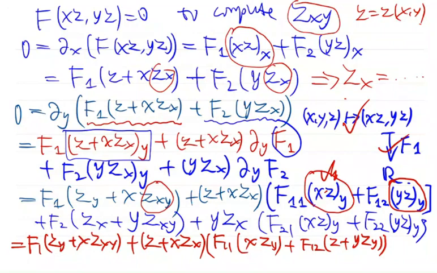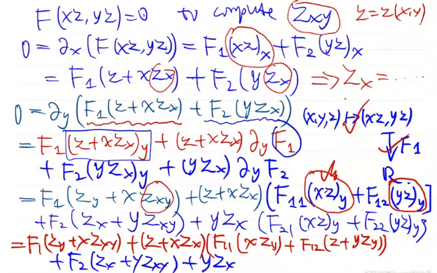And then for the f2, you write f2 (zx plus y zxy) plus f2 (zx plus y zxy) plus y zx.